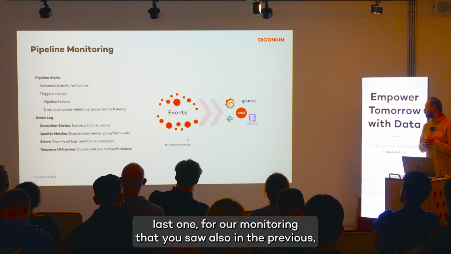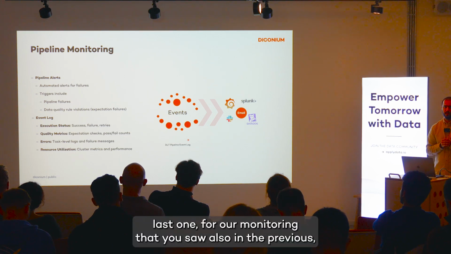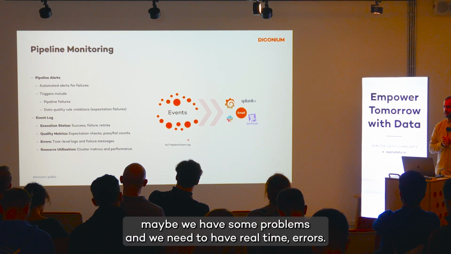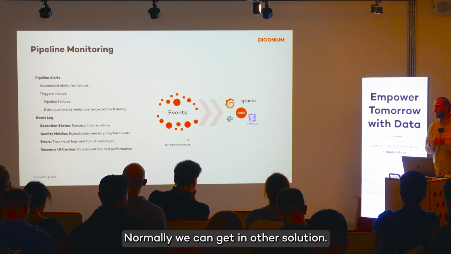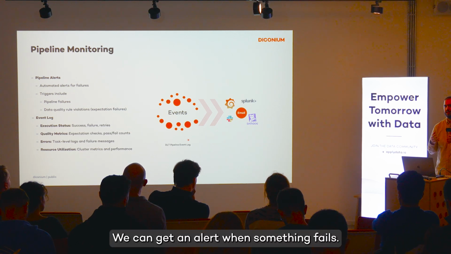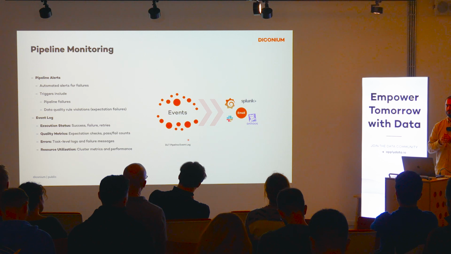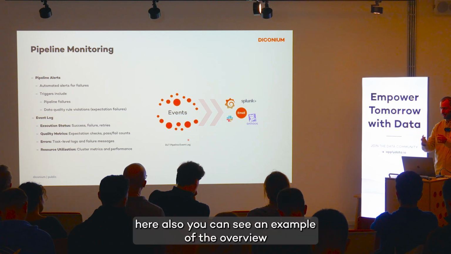And the last one is monitoring, which you also saw in the previous presentation by Behnaz. Maybe we always have some problems and we need real-time errors. Normally, in other solutions, we can get an alert when something fails, and for others, we need to define it programmatically, for example, for getting the alert.